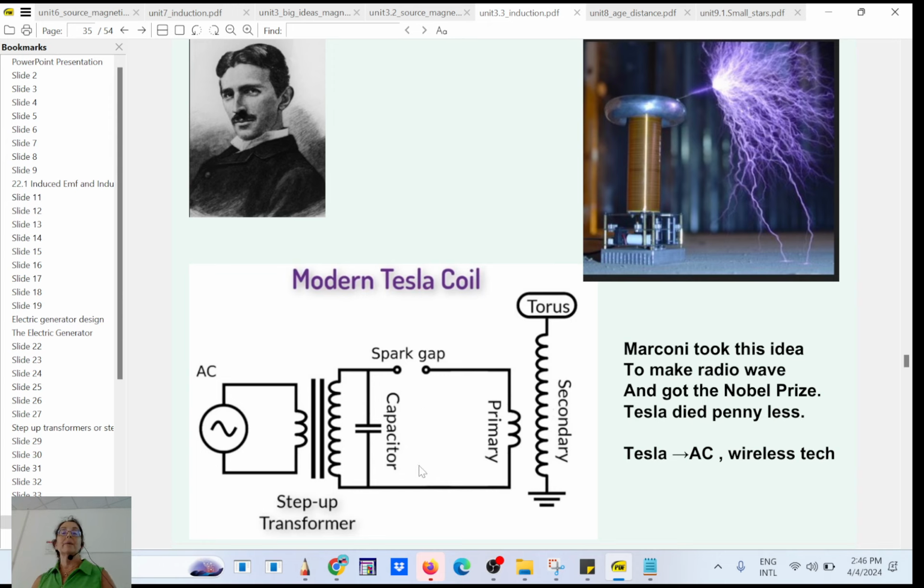He was able to produce electromagnetic waves without wire, so to produce radio waves, but he didn't patent it, so it was picked up by Marconi. I'm not even sure if Marconi gave credit to Tesla. So the guy was a genius. So that's how a Tesla coil works, right?